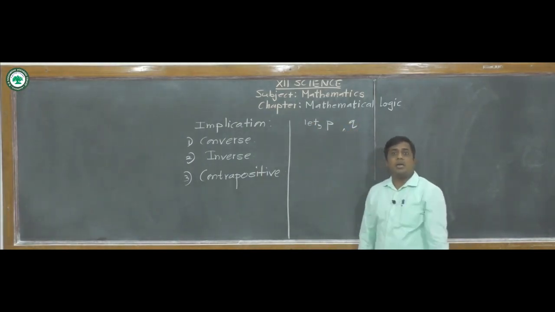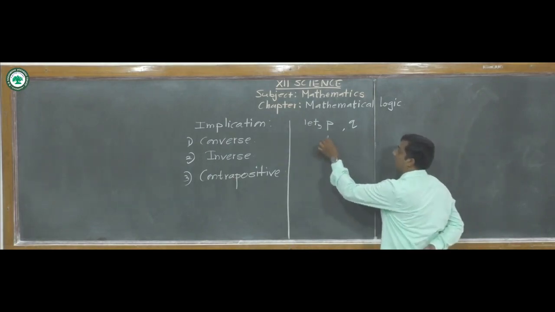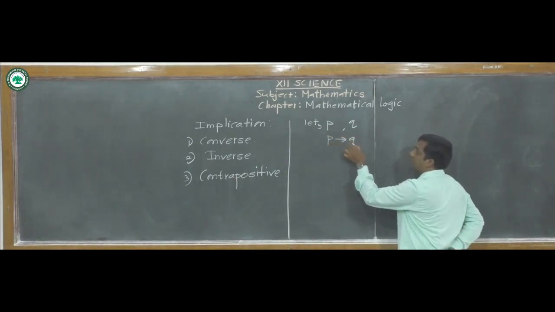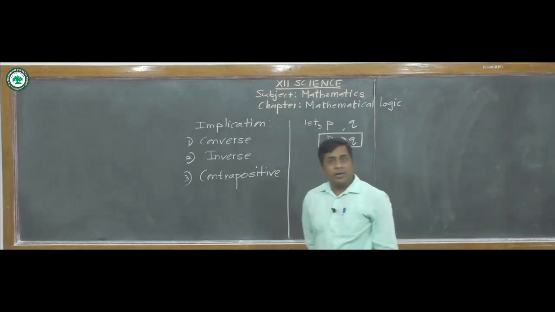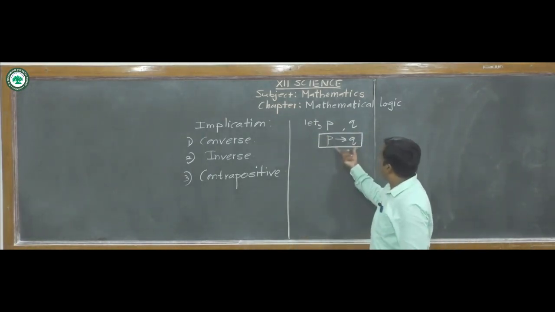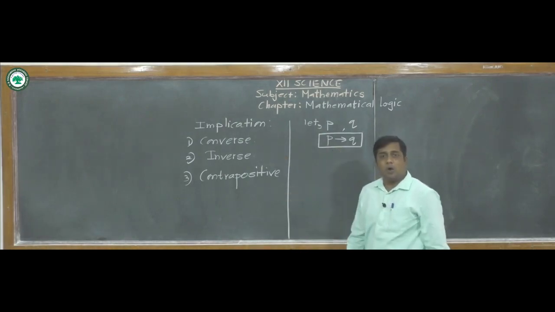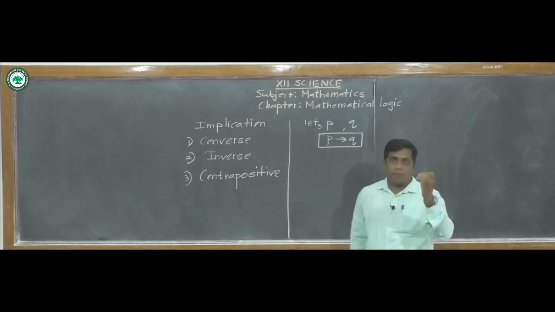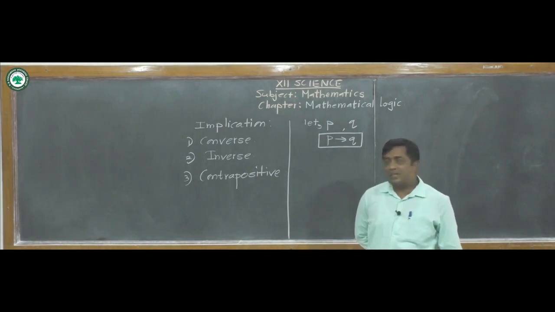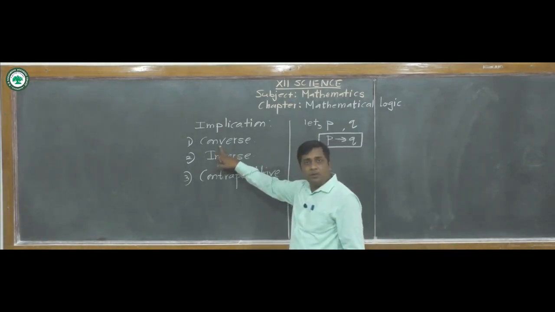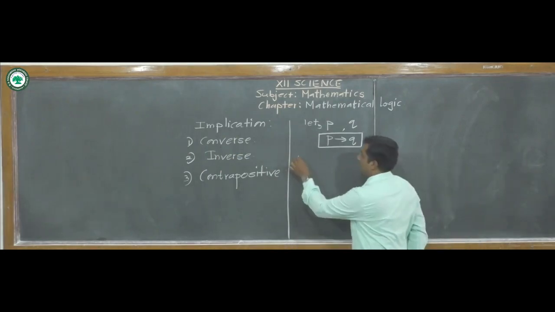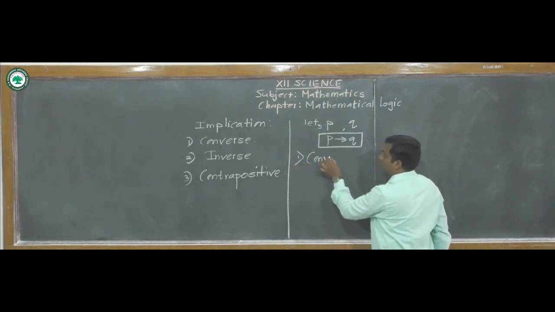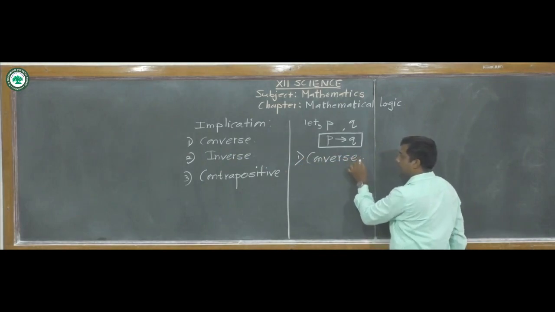Then we know implication is denoted by P implies Q. We use this relation to define the converse, inverse and contrapositive. Let's go with the first one. In that we define the converse.